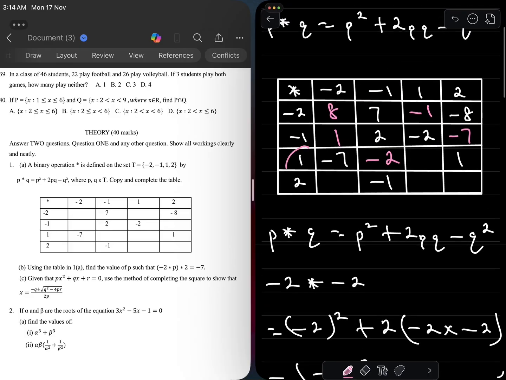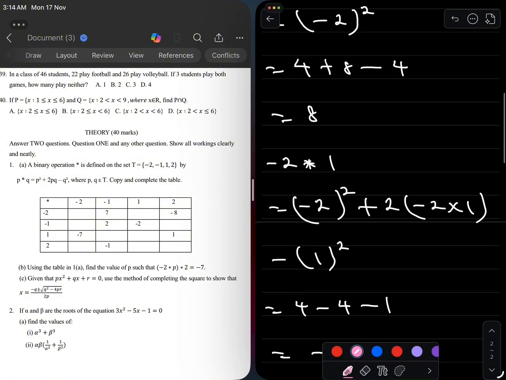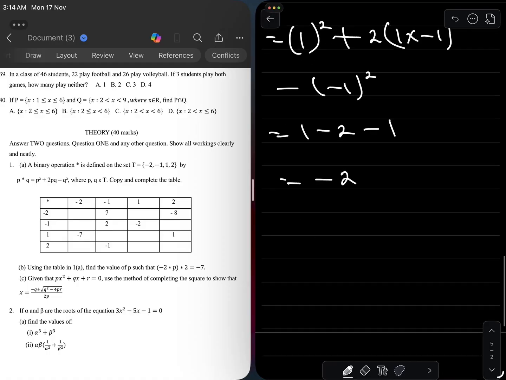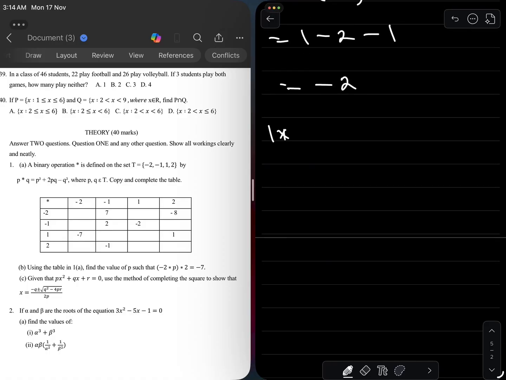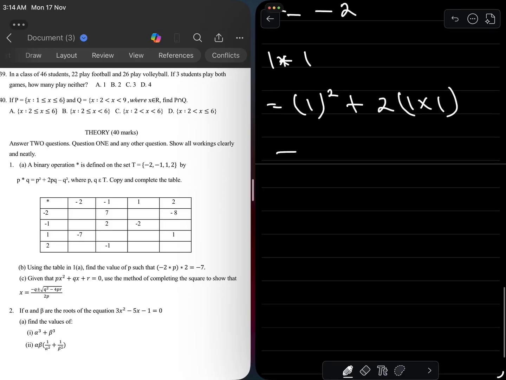The next one is 1 asterisk 1. What do we get when we do that? 1 asterisk 1 is equal to P squared, which means 1 squared. This is P and this is Q. 1 squared plus 2PQ, that's plus 2 times 1 times 1, minus Q squared.